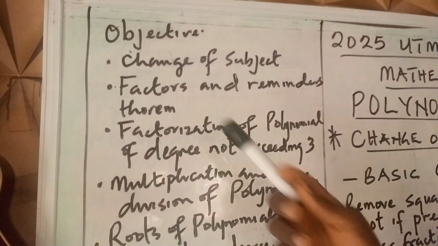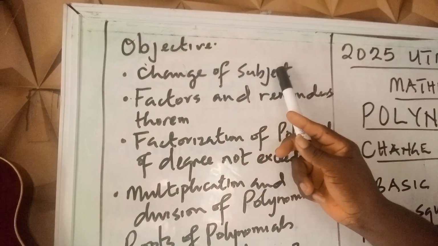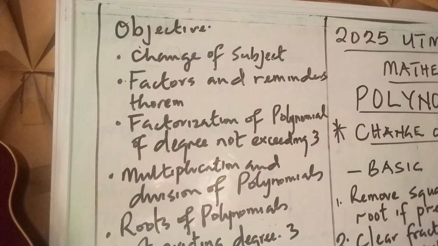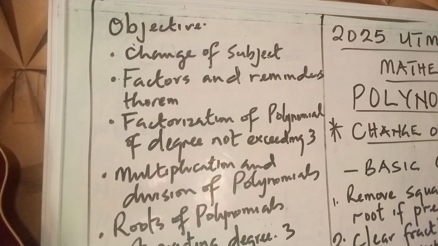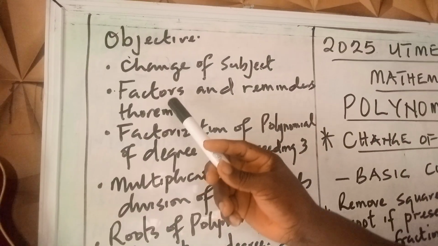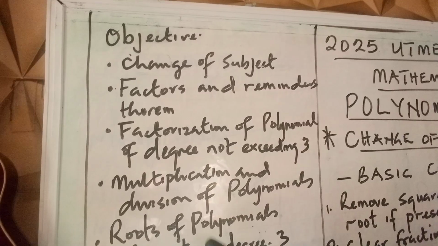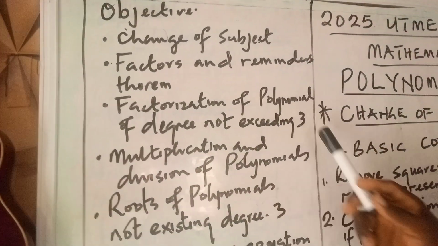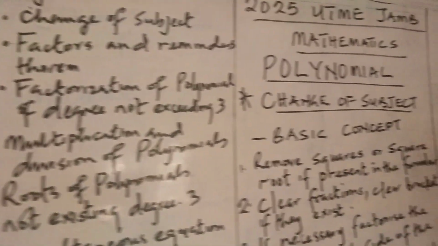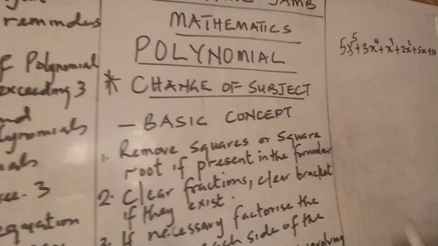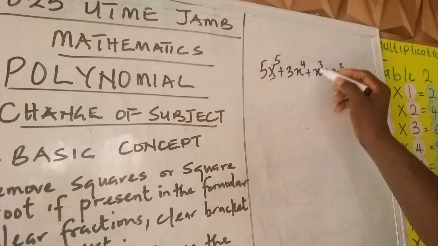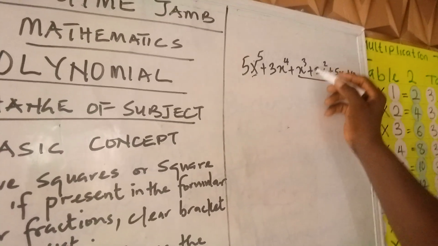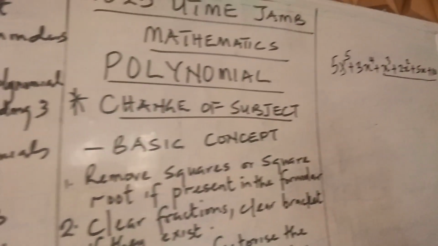As far as the JAM topic is concerned, we are looking into about 6 objectives. The first objective is change of subject, which we call in the WAEC scheme change of subject of formula. Then factors and remainder theorem, factorization of polynomials of degree not exceeding 3, meaning expressions that start from x raised to the power 3.